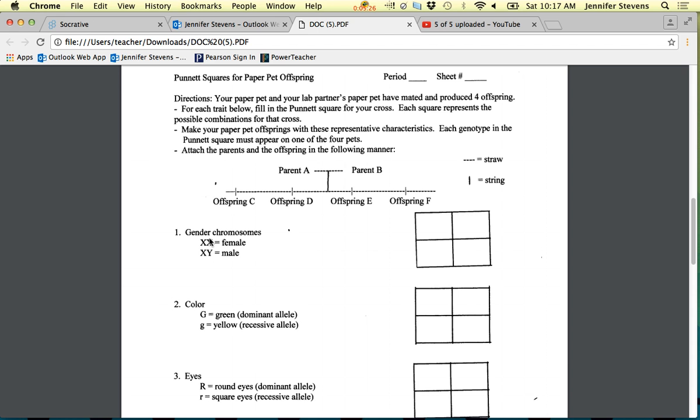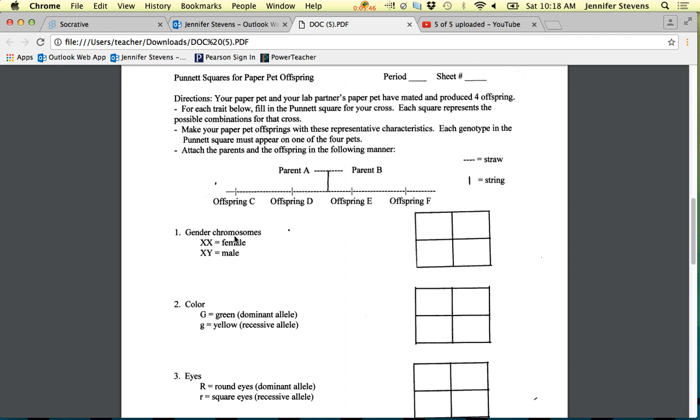So for instance, we're going to do a cross here based on gender. We know that one of them has to be XX for the female and the other one has to be XY for the male. So what we're going to do is create a Punnett square over here for those 4 offspring.